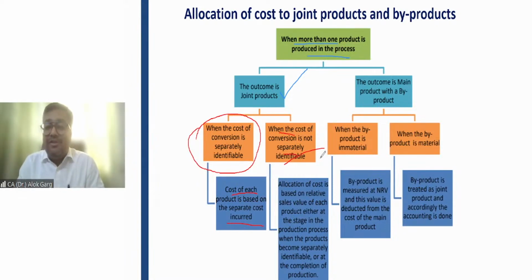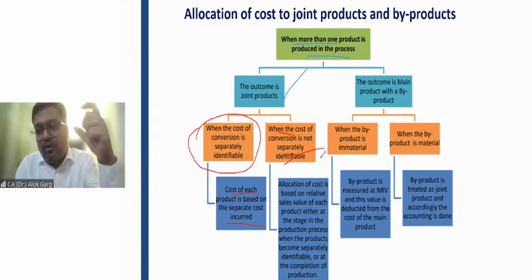This total cost needs to be allocated on the basis of the relative sales value of each product, either at the stage in the production process when the product becomes separately identifiable, or at the completion of production. For example, my total cost is 1000 crores, and I have two products.